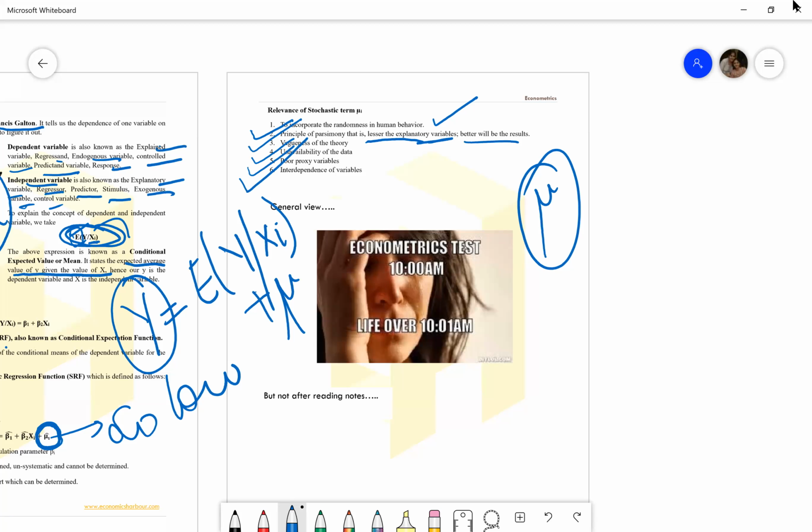Proxy variables are the base variable you're using to explain something. For example, when we are calculating inflation, we use CPI. Right? Or what is the variable you're using to explain a certain economic term.